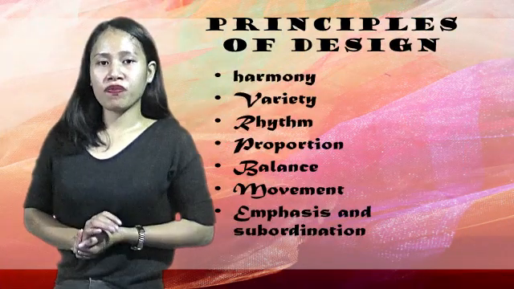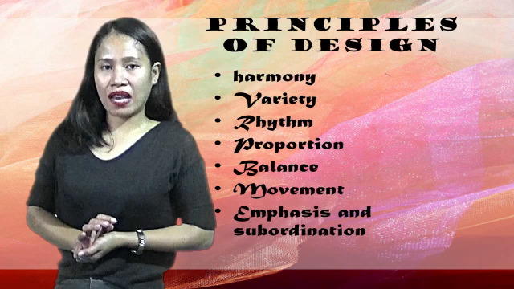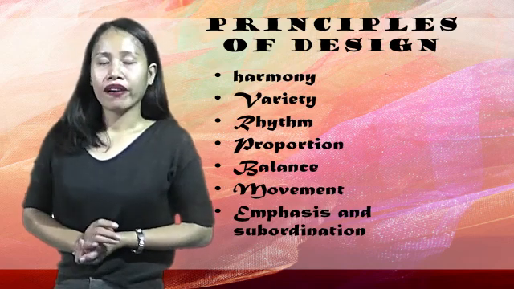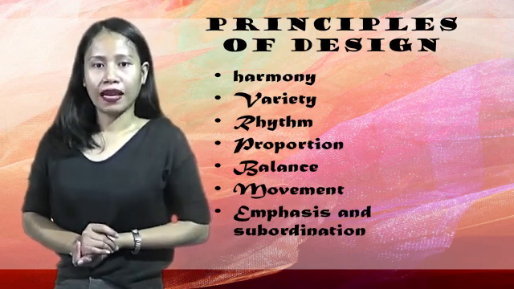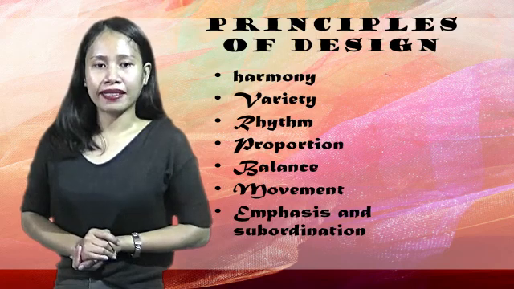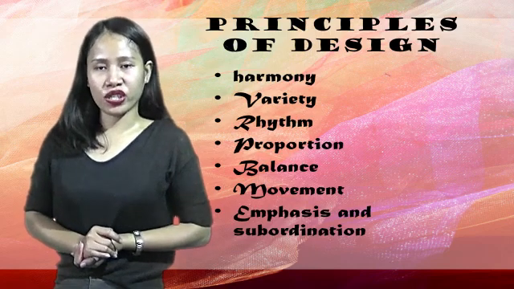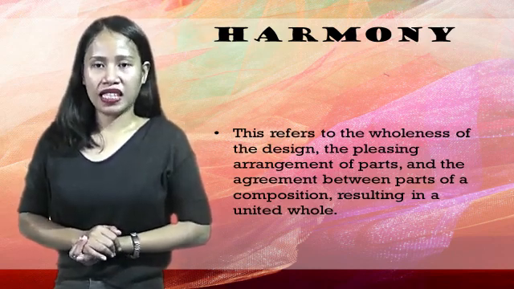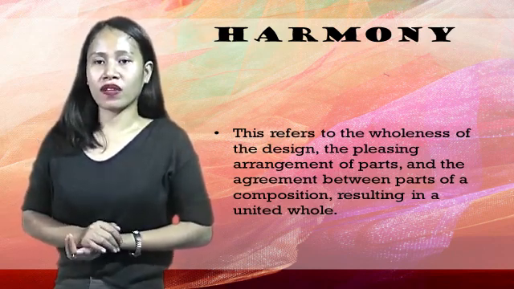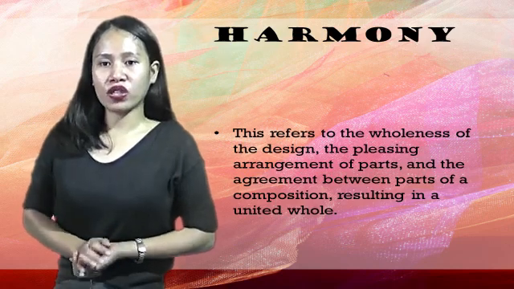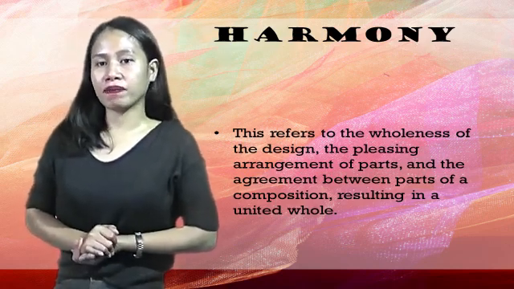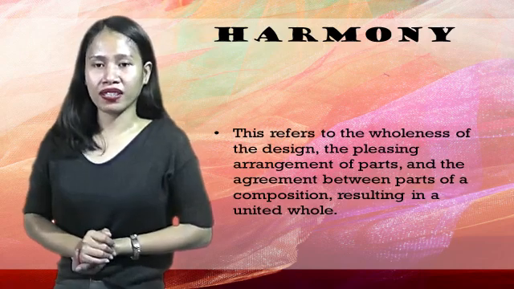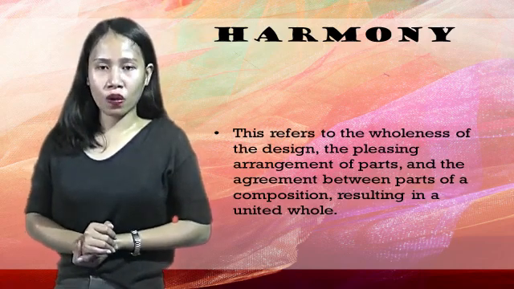So there are seven principles of design. We have harmony, variety, rhythm, proportion, balance, movement, and emphasis and subordination. Let's go back to the first principle, which is harmony. This refers to the wholeness of the design, the pleasing arrangement of parts, and the agreement between parts of a composition, resulting in a united whole.